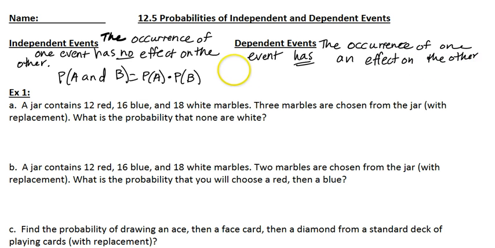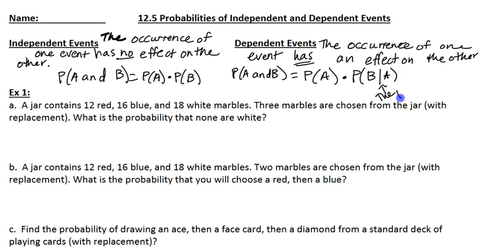And this one has a fancy thing to it, so listen closely. Again, I've got the probability of A and B, and that is equal to the probability of A times the probability of, and we write it B vertical slash bar A. But what that means is the probability of B such that A already occurred.